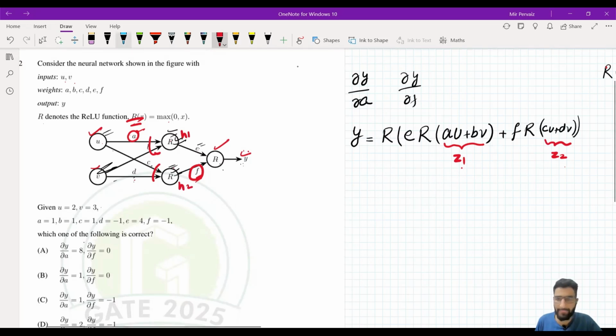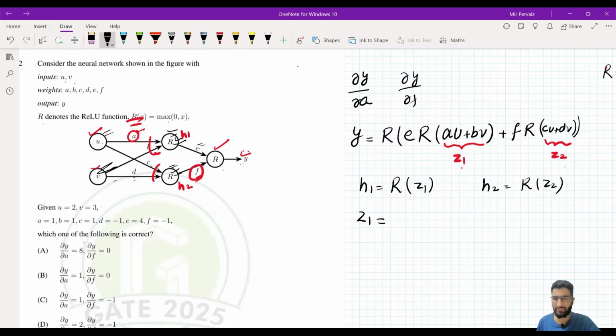So H1 is ReLU of Z1, and H2 is ReLU of Z2, where Z1 is the weighted sum AU plus BV, and Z2 is CU plus DV. This is our configuration.